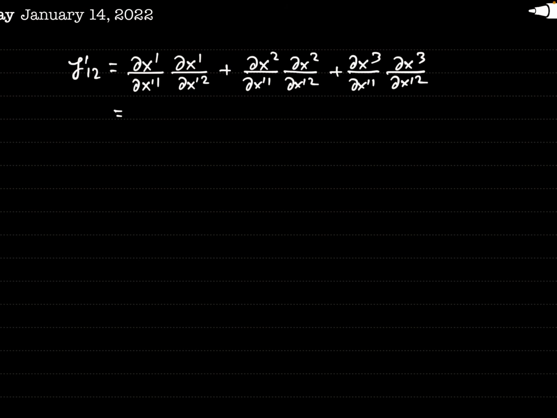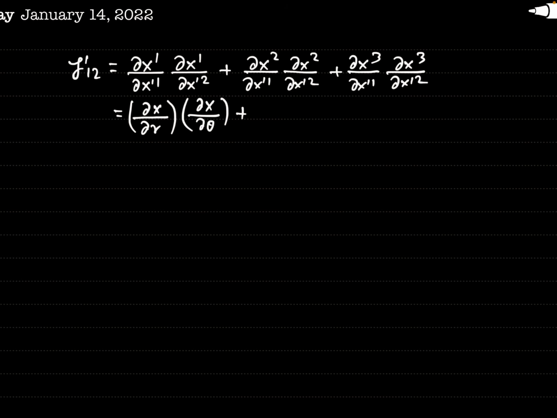Now see, del x1 is x, and x prime 1 is in fact r, so this is del x by del r, and again this will be del x by del x prime 2. X prime 2 is in fact theta, so this is del x by del theta.